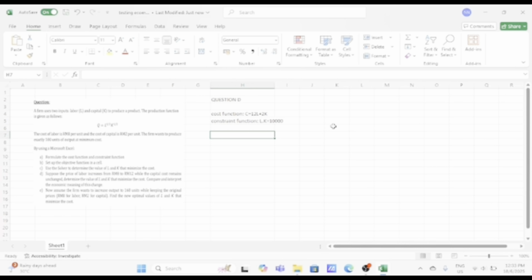For the key components, we must include labor, capital, cost function, production function, and output target.